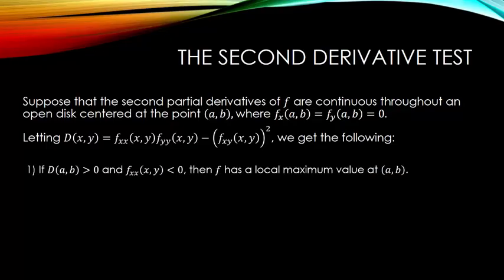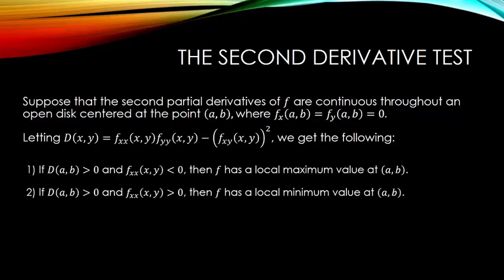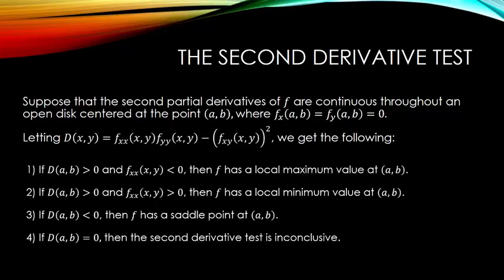If D(a, b) is greater than 0 and fxx is less than 0, then my function f has a local maximum value at the point (a, b). If D(a, b) is greater than 0 and fxx is greater than 0, then f will have a local minimum value at the point (a, b). If D(a, b) is negative, less than 0, then f is going to have a saddle point at (a, b). And if D(a, b) is equal to 0, the second derivative test is inconclusive.